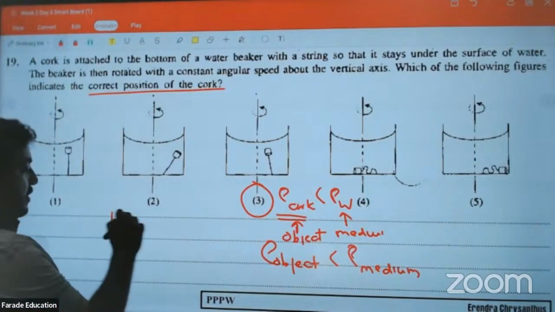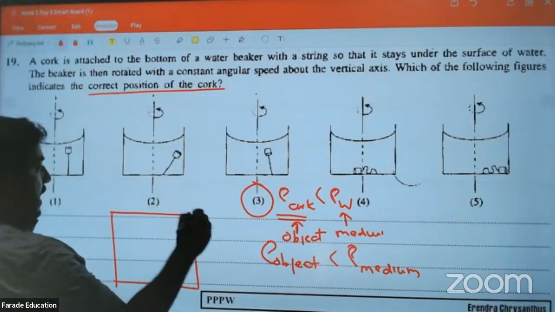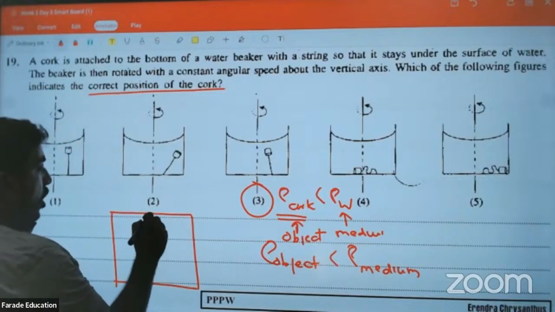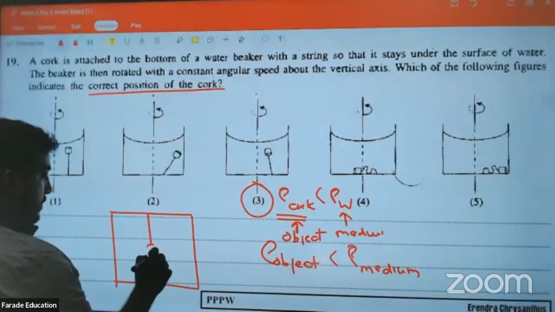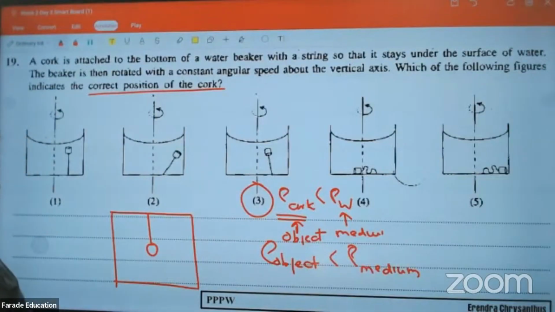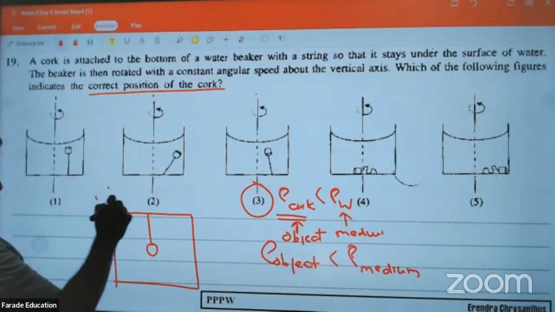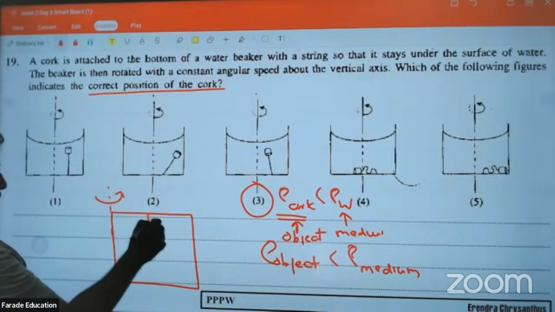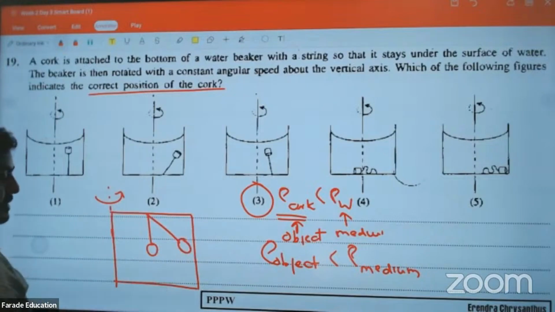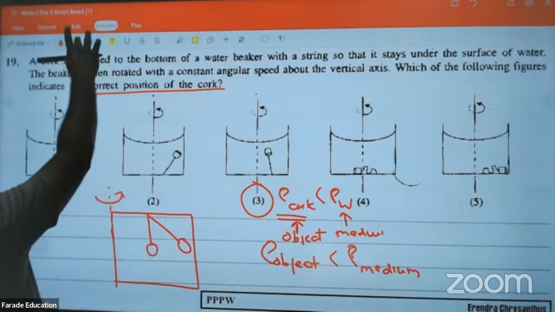Now, imagine if there was a metal ball, let's say you're rotating around this, where will this slant? It will slant away. Why is that?